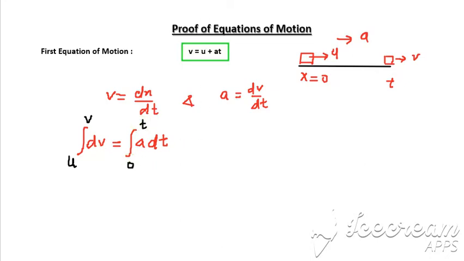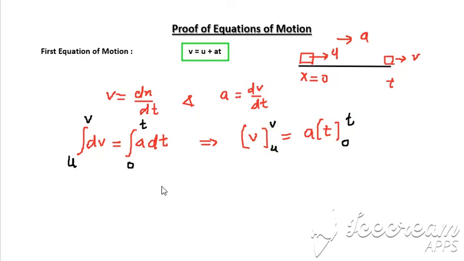Using the rules of integration, the left hand side is going to be simply v, with the limits. On the right hand side, a being constant can be taken outside, and integration of dt gives t, running from 0 to t. So we put the limits 0 to t here and u to v there.